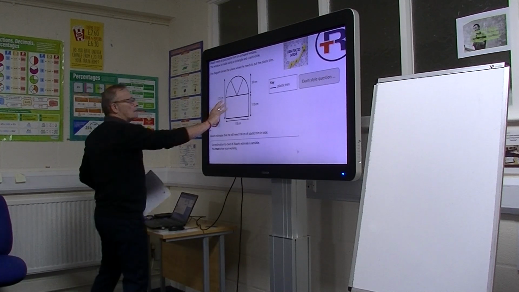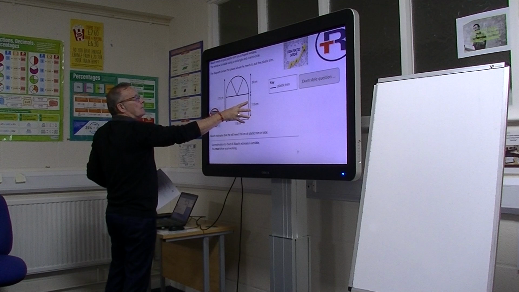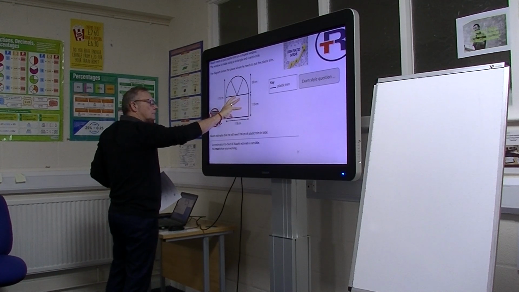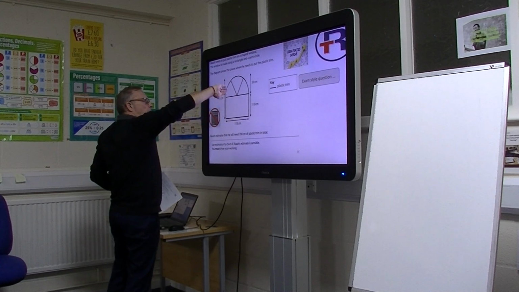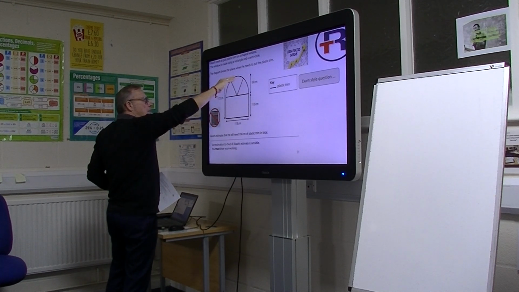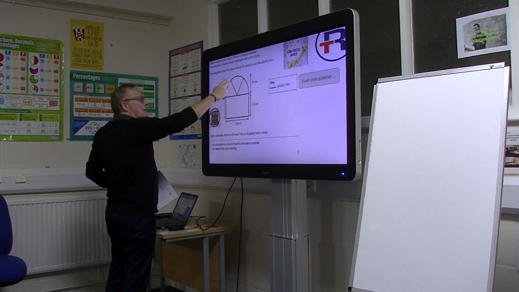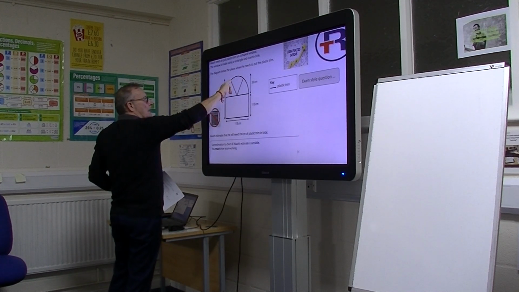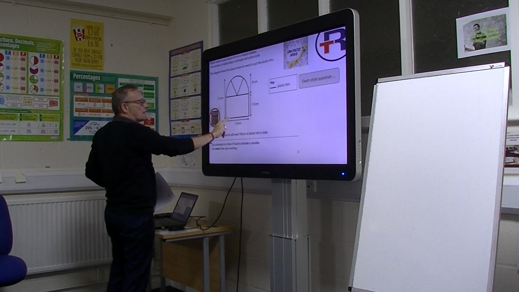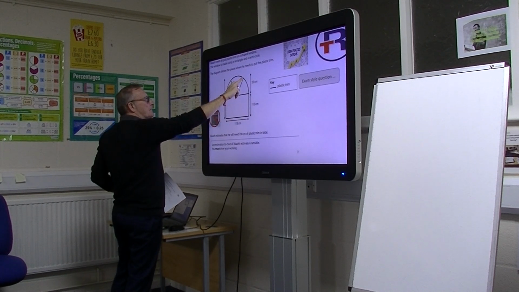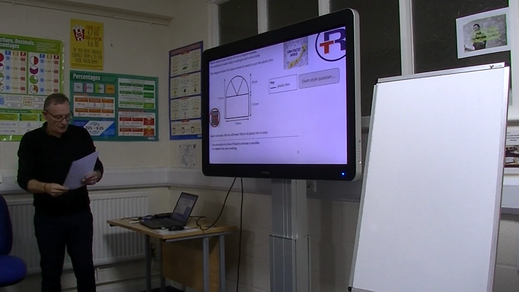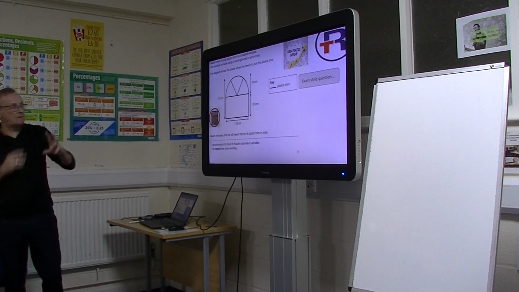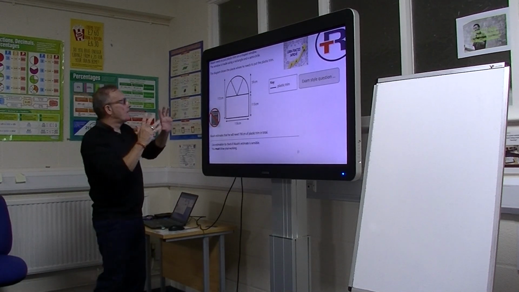Well, it's showing a shaped window made up of a rectangle, a half a circle or a semicircle, and a letter V. That's where the trim's going. Half a circle, rectangle, letter V. So that's what that picture is actually showing. That's the first thing we need to do.